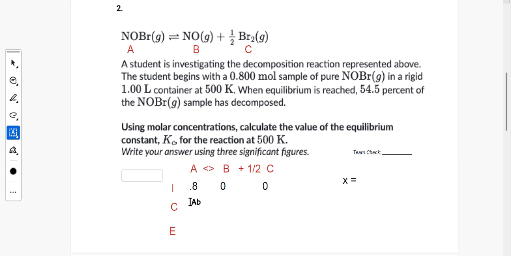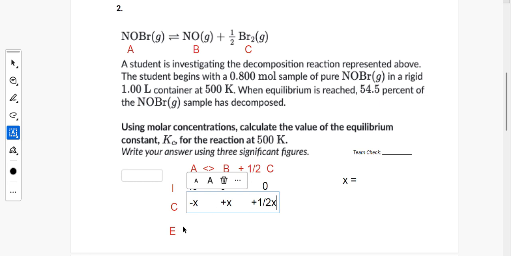What we've practiced in the past when we get to the change is we say, okay, we lost some stuff, and then we gained some stuff. For C, which is kind of unique, that coefficient goes here as well. It applies to that X value. Whatever these are, they will determine what I have at equilibrium.